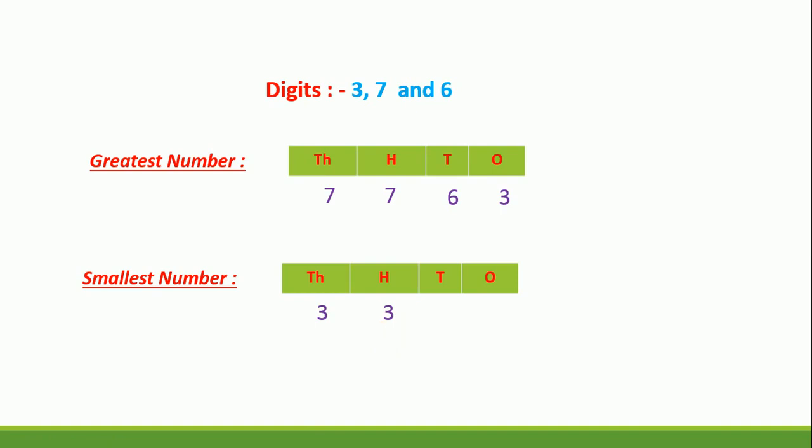Now the rest of the numbers we are having are 7 and 6. From the 7 and 6, which is the smallest one? Yes, 6 is the smallest one. That should be placed in the tens place, and we have only 7 with us. The 7 should be placed in the ones place.